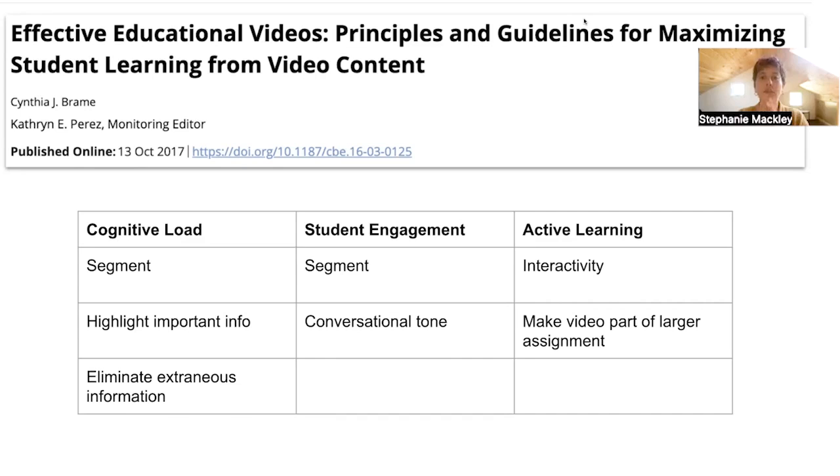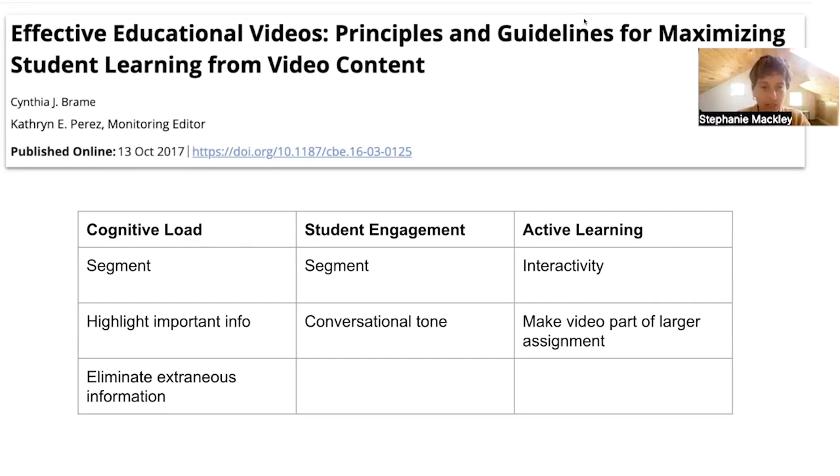We are all familiar with going to a lecture where there is a slide full of text and images, and it's real busy, and we're trying to listen to someone while we're trying to figure out what they're showing us, and you cannot do both. You're either missing what they're saying or you're not seeing what they're showing you. So eliminating extraneous information from your slides is a massive way that you can serve your students.